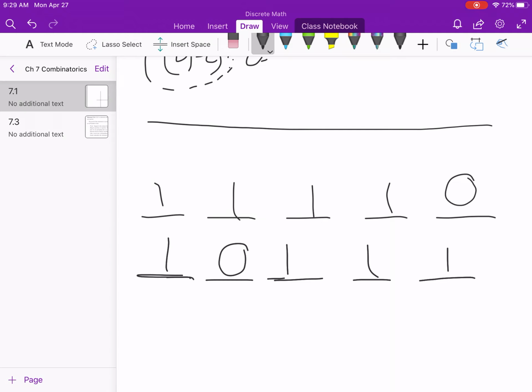I can draw the cards in these ways. I'm looking at 5 cards, and 4 of them are the same.